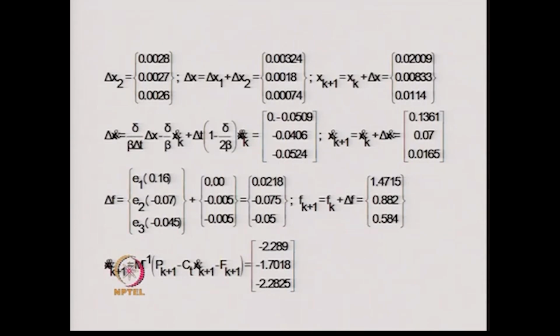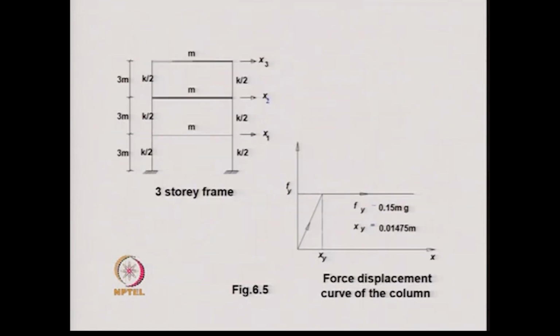You can see here the same thing in this figure, that once the bottom column has yielded, there will be no contribution, or the K value for that column would be equal to 0, and the force to produce a unit displacement at the level of x1 will be equal to only K by 2 plus K by 2.